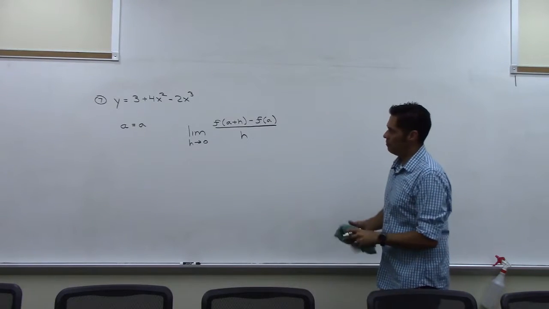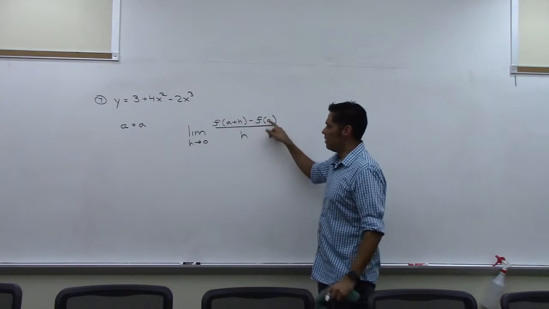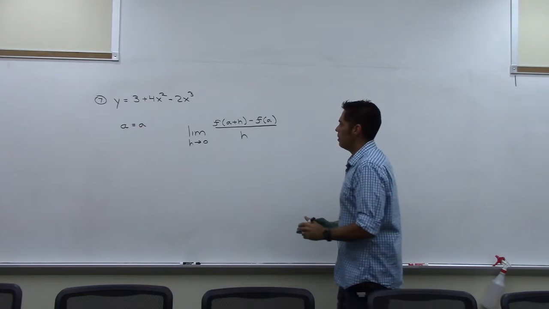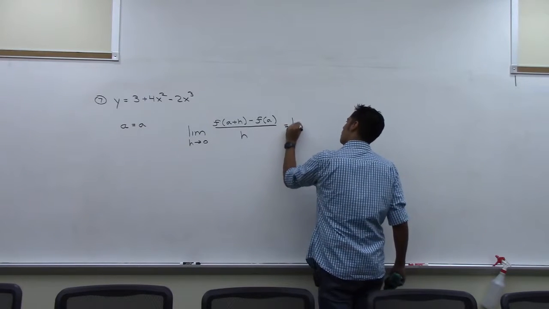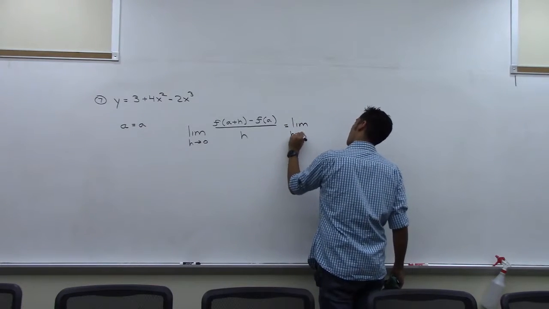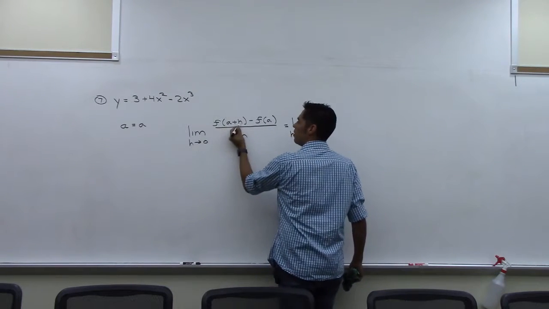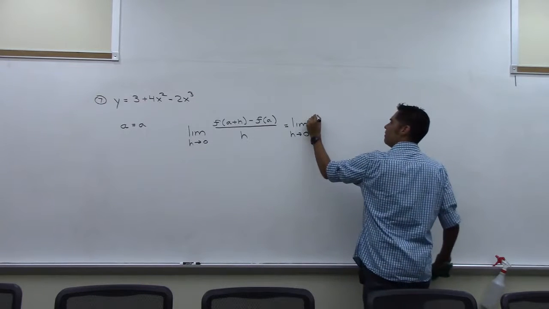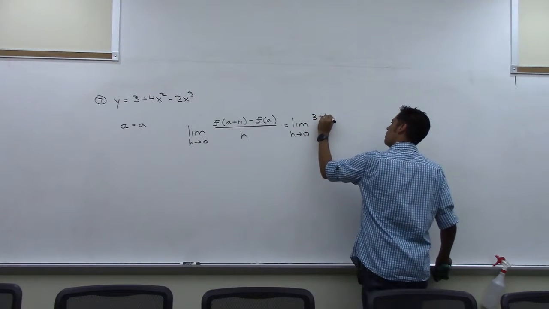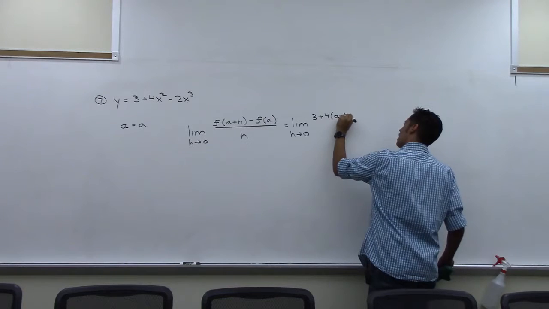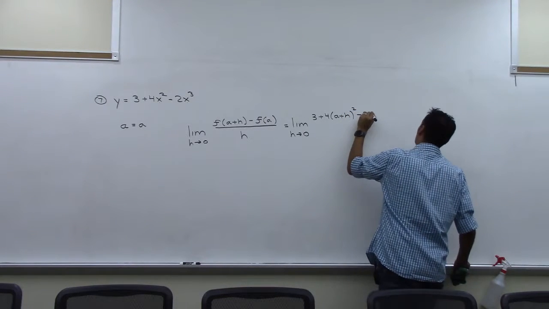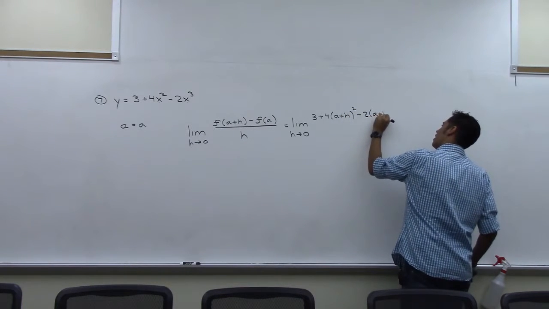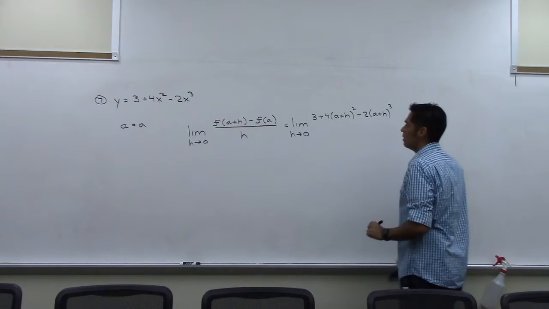All right, so notice I'm not going to be able to replace a with anything. I'm just going to have to leave it. So what I'll do first is I will replace into my function a plus h. So everywhere I see an x, I replace it with a plus h. I have 3 plus 4 times a plus h squared minus 2 times a plus h cubed. Nasty.